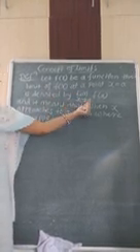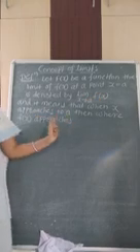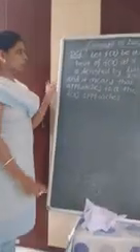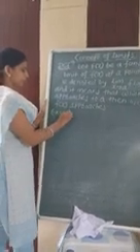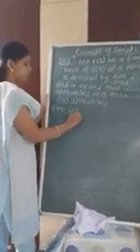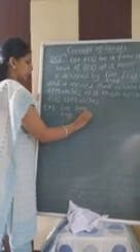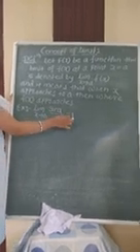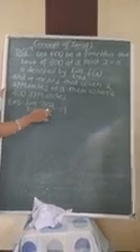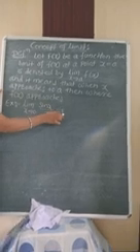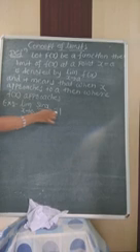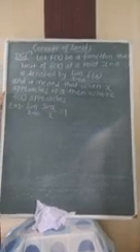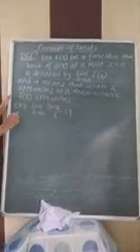What is happening? x approaches a, similarly f of x also approaches, means tends to. For example, limit x tends to 0 sin x by x equal to 1. Means the function tends to 1 when x tends to 0. That is the example. Now some properties of limits.